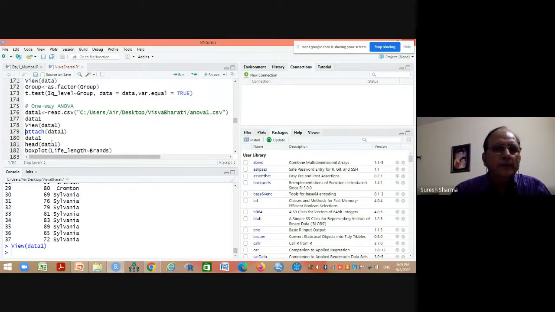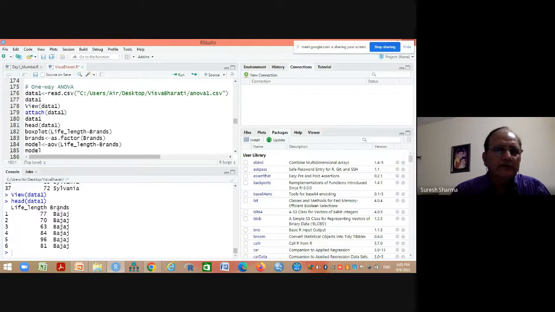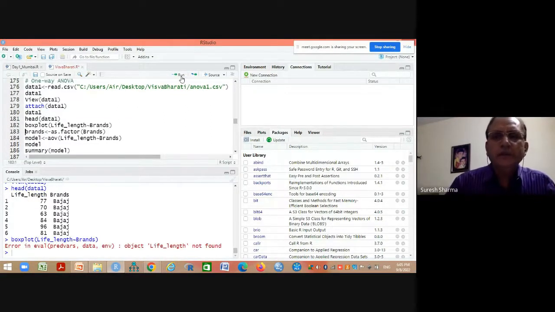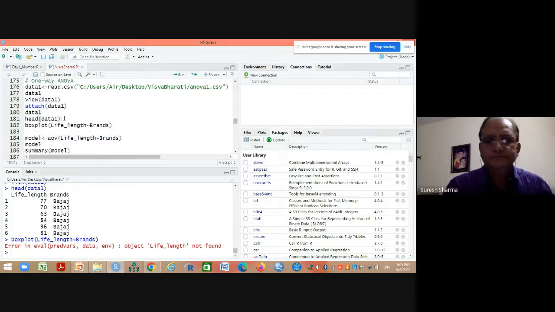If you look at this, life length and brands, the box plot. Because this line, first brands have to be taken as a factor.